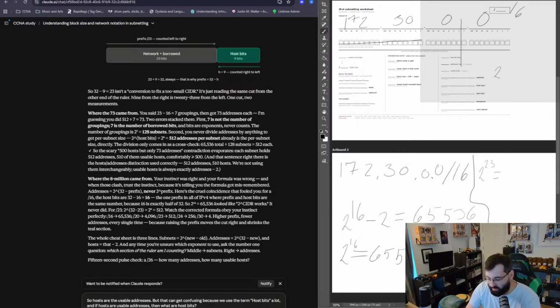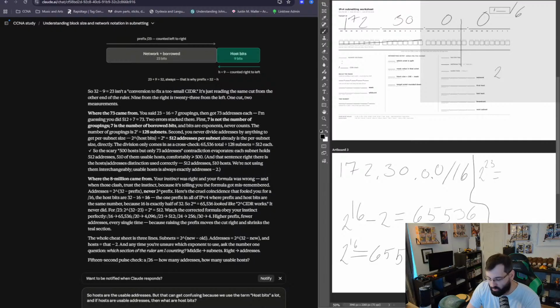To find the addresses of 172.30.0.0/16, you take the CIDR, in this case it is /16, and use it as the power of 2.